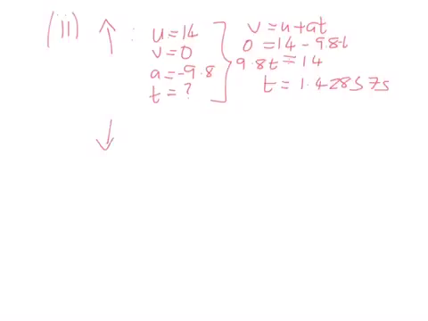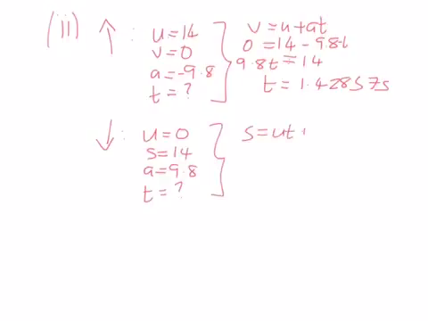Now if we look at the ball falling to the ground, u will be 0 as it's reached its maximum height. The displacement will be 14 meters. This time it's falling under gravity, so acceleration is positive 9.8, and we want to find the time again. So we'll be able to use s equals ut plus a half at squared.